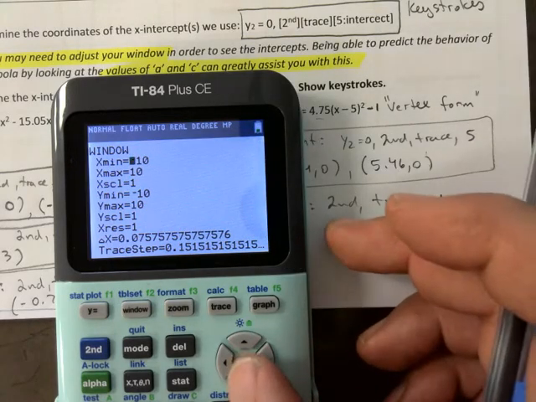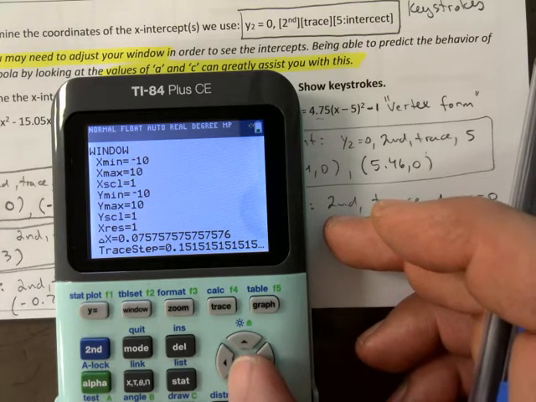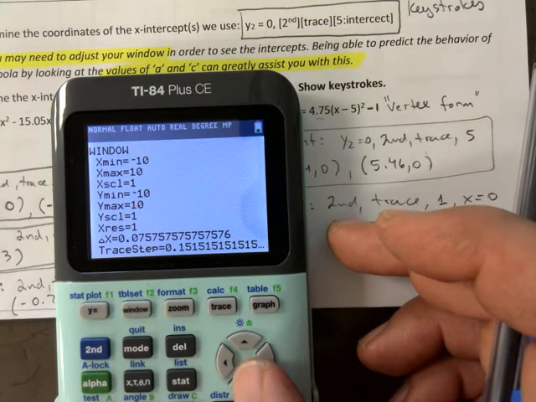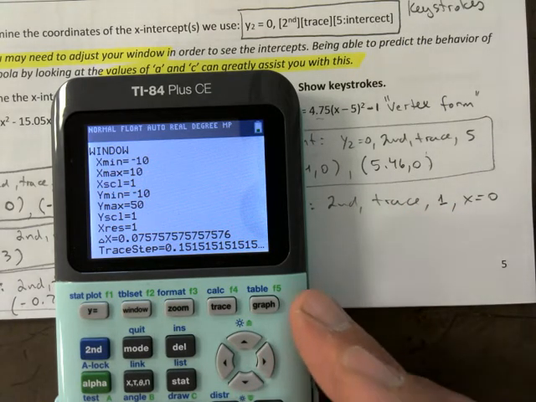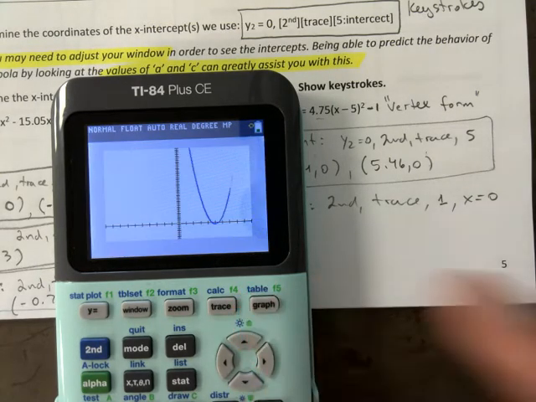Which one should I adjust to be able to see my Y-intercept? The Y-max. And there's no science to this. I can't tell you press 50 and it will work. You have to explore. So I'm going to type in 50 and hit graph again and see if I can see the Y-intercept.